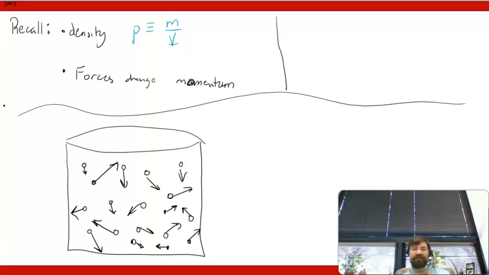You can recall this from our linear momentum simulation for collisions. Each time a particle collides with the walls of the chamber, you get a change in linear momentum.